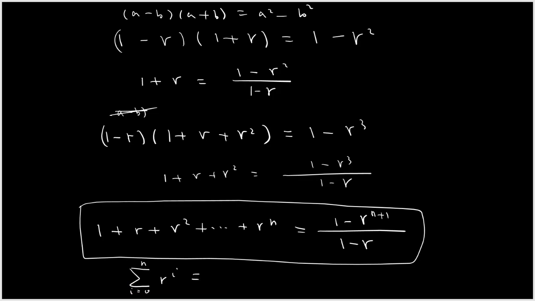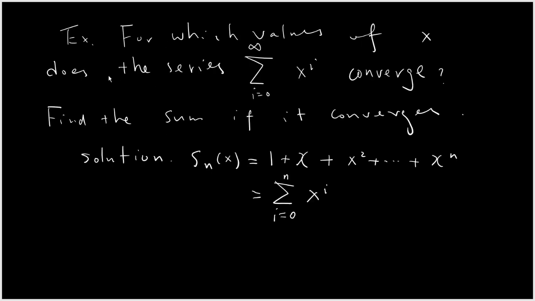It's equal to 1 minus r on denominator. On numerator you have 1 minus r to the power of n plus 1. Again, in the future, I really want you to get used to the summation notation. Use summation notation whenever possible.